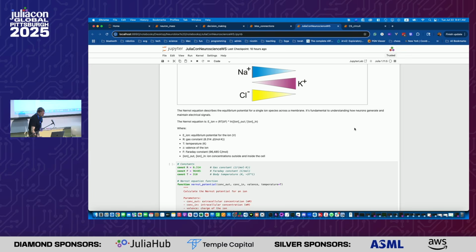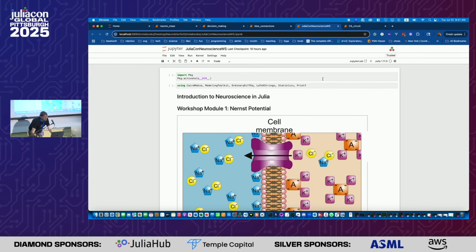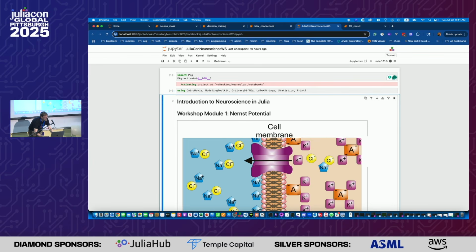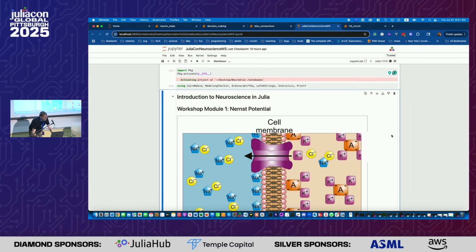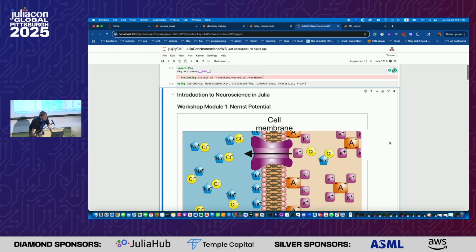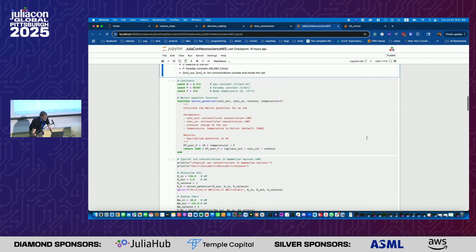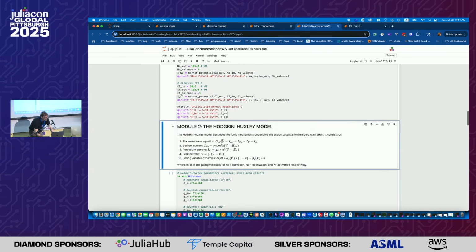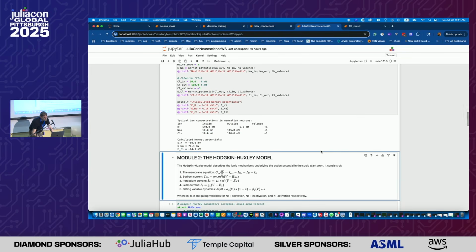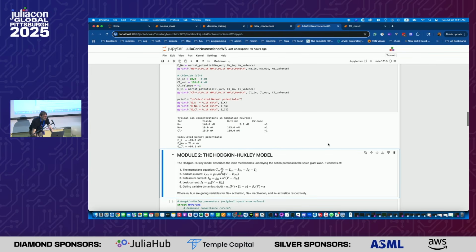All I wanted to do in the notebook is to run this. We should have run this before, but it should go pretty quickly because everything is pre-compiled. So I have a function that calculates the Nernst potential, and I want to give you a sense of what these voltages are.